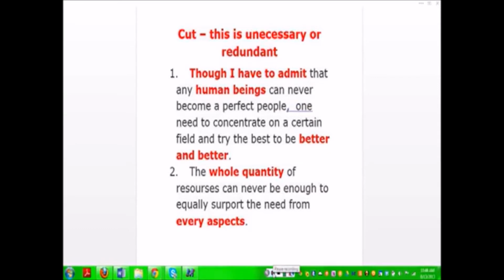Okay, in this lesson we're going to talk about cutting out unnecessary or redundant words. In academic writing, they value conciseness. That is, words have to express a particular meaning or they're not necessary. Often when you write an academic paper, you may be under a word limit.